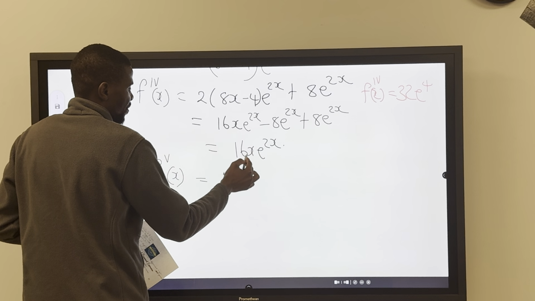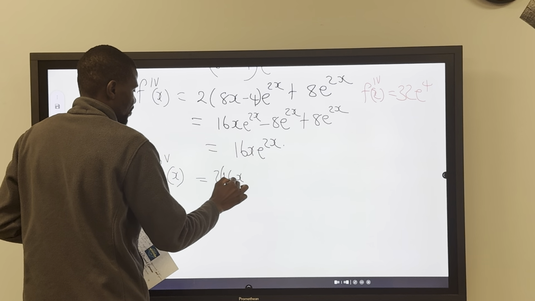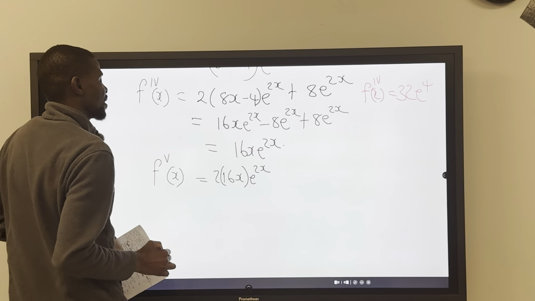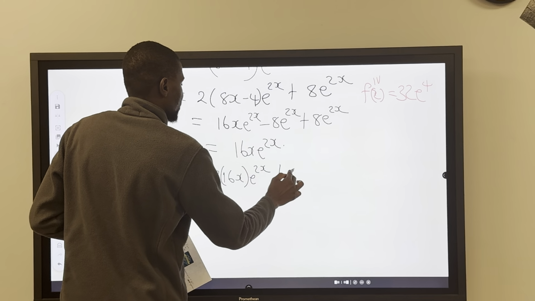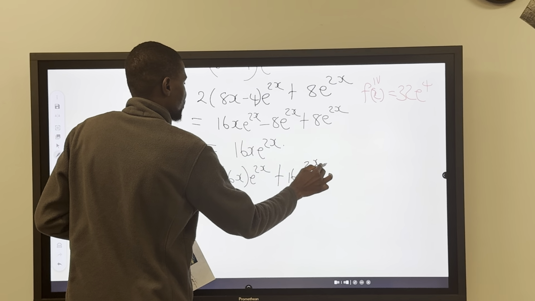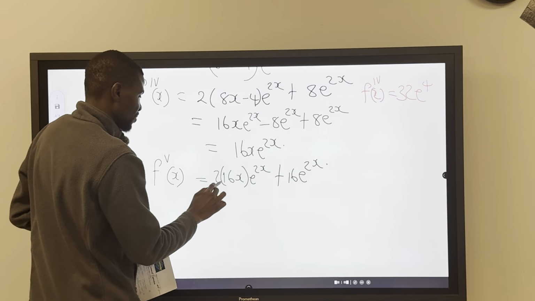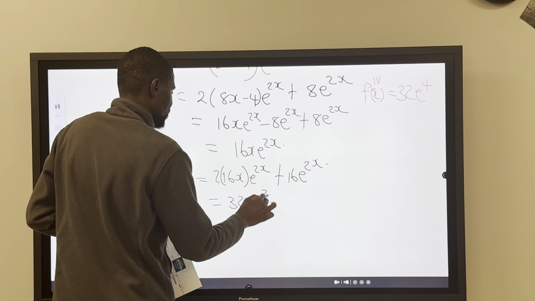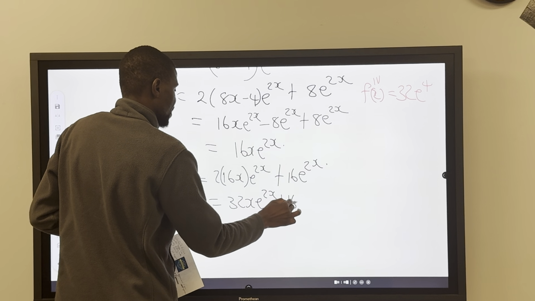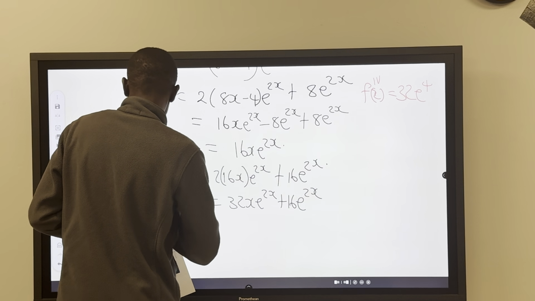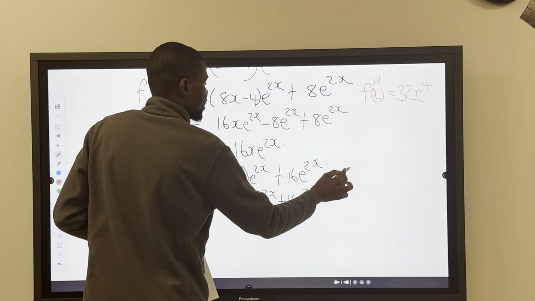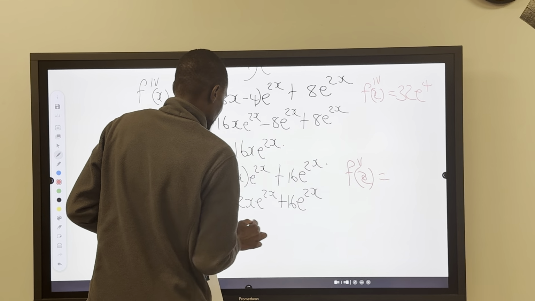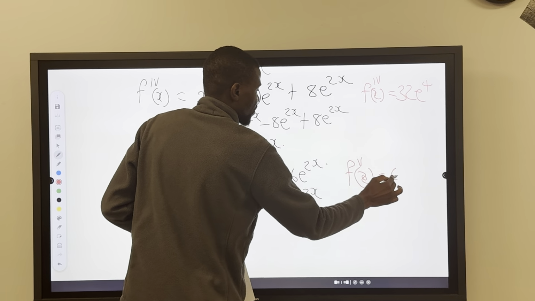So this is going to be v du times 2 e to the 2x, plus 16 e to the 2x, which is equal to 32x e to the 2x plus 16 e to the 2x. So if we evaluate the fifth derivative at 2, it's going to be 64.